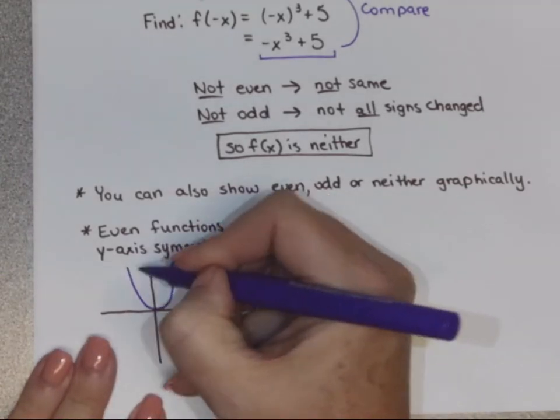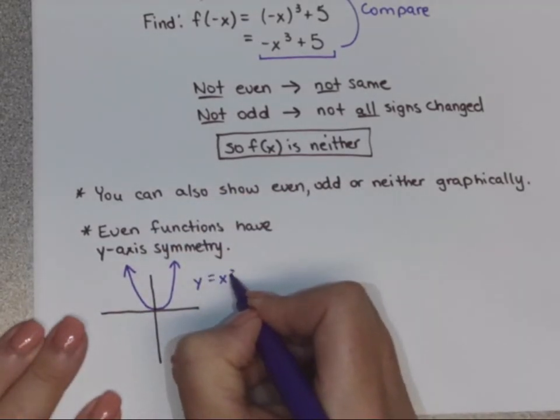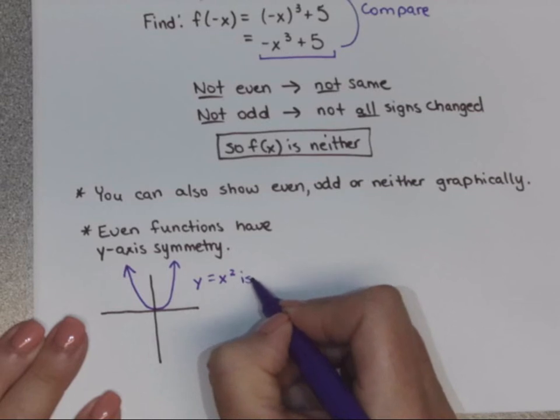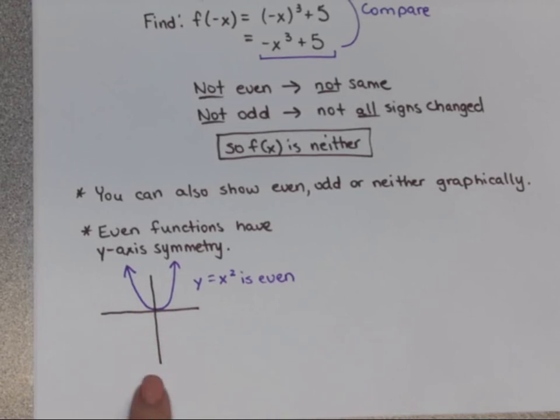If you draw y equals x squared, y equals x squared is even, okay? And the reason that it's even graphically is because notice what the y-axis does to it. Doesn't it have y-axis symmetry? In other words, doesn't the y-axis cut it in half vertically?